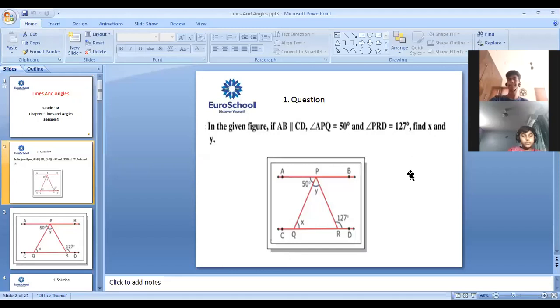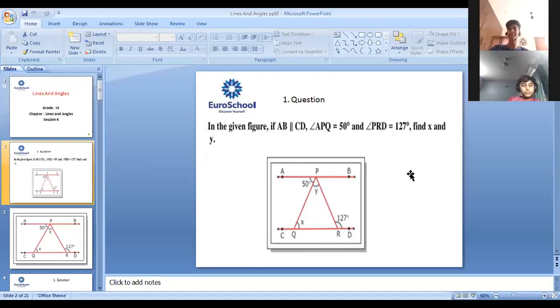In the given figure, if AB is parallel to CD, angle APQ is 50 degrees and angle PRD is 127 degrees. Find the values of X and Y. So can you see the figure, children? It is clear?